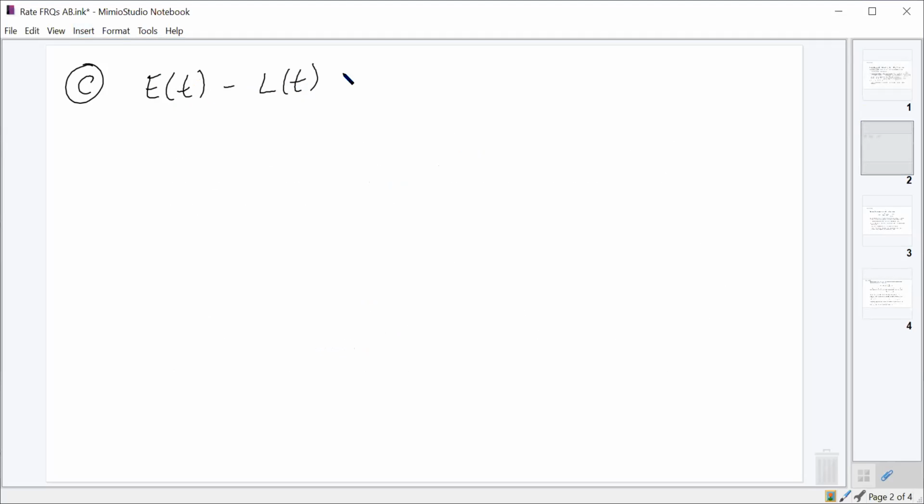the rate of change of the fish in the lake. E is the rate at which they enter, L is the rate at which they leave. So E minus L is just the overall rate of change.